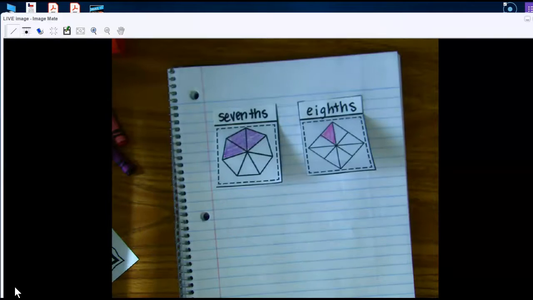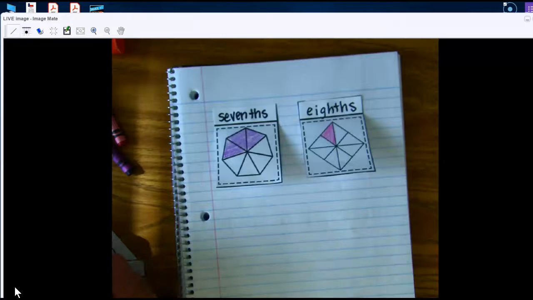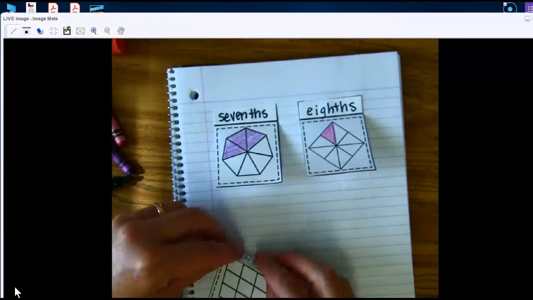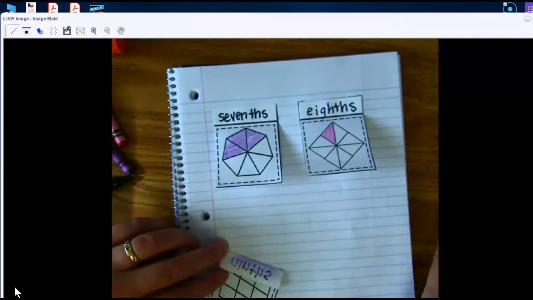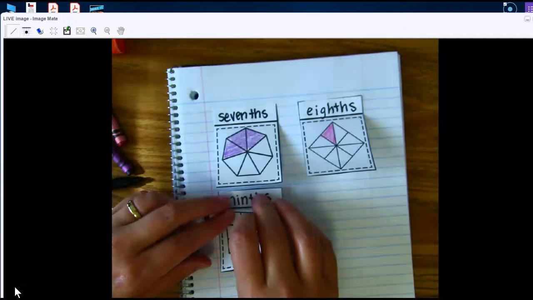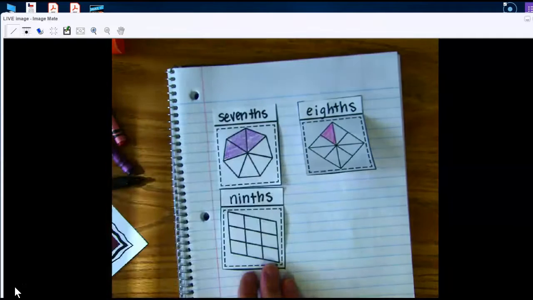So I wonder what the one with 9 parts is called. What do y'all think? 9ths. Y'all are getting the hang of it now. We don't have the E on the 9 though. Little ninths.